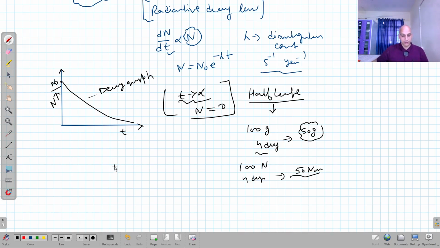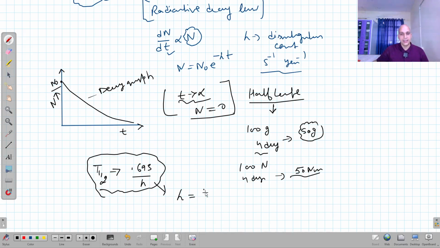We know very well the formula for it. T half is equal to 0.693 upon lambda, right? Lambda is again the disintegration constant. We can be asked the meaning of decay constant. If I put lambda equal to 1 upon t in this relation, then I will get N equal to N naught upon e.